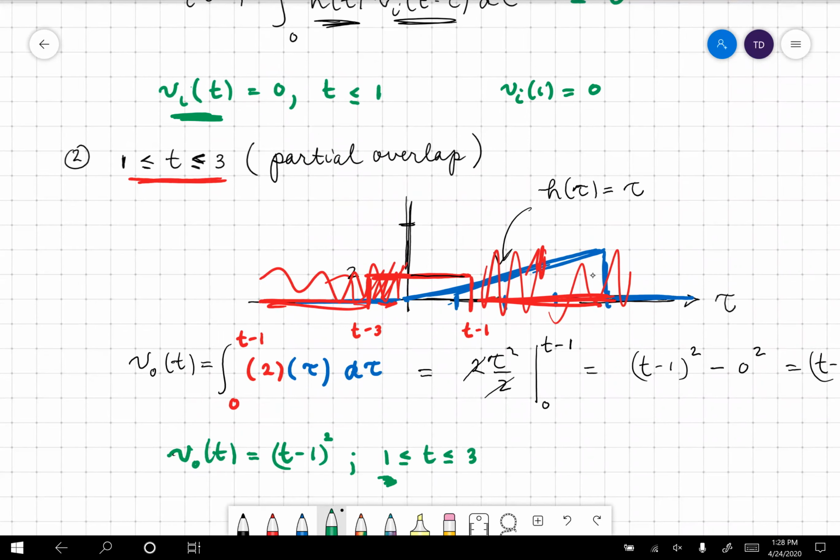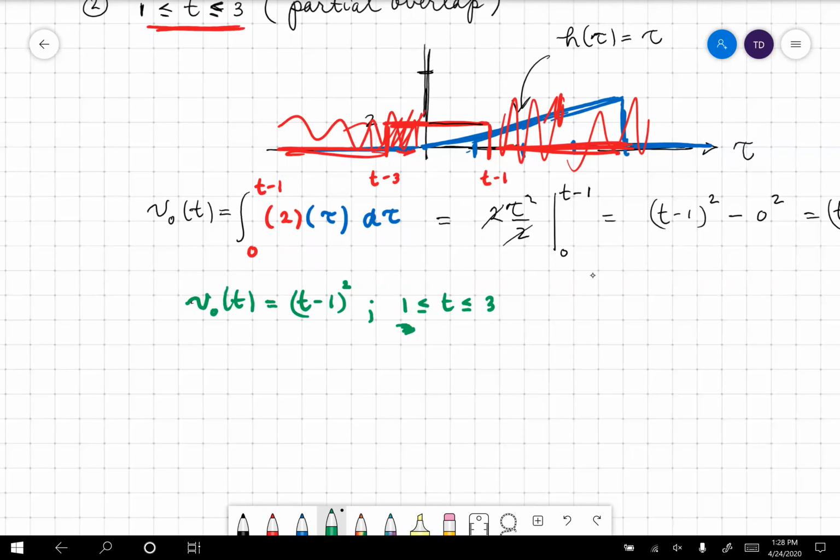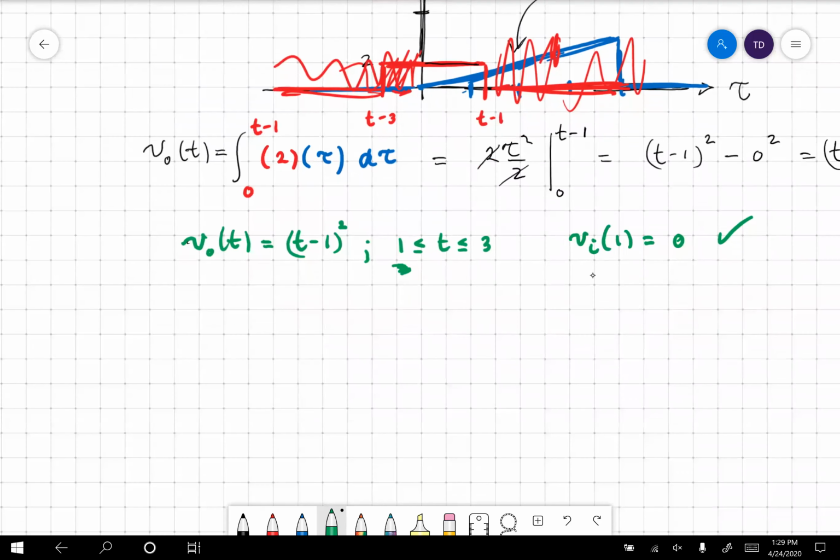Good. That better match up with this one down here. So let's check this one down here. When t is equal to 1, v of 1 equals 1 minus 1, 0, squared, 0. Beautiful, check. So the boundary's checked. That's a very nice, quick check to make sure that you may not have made a mistake there. So that's our second region.